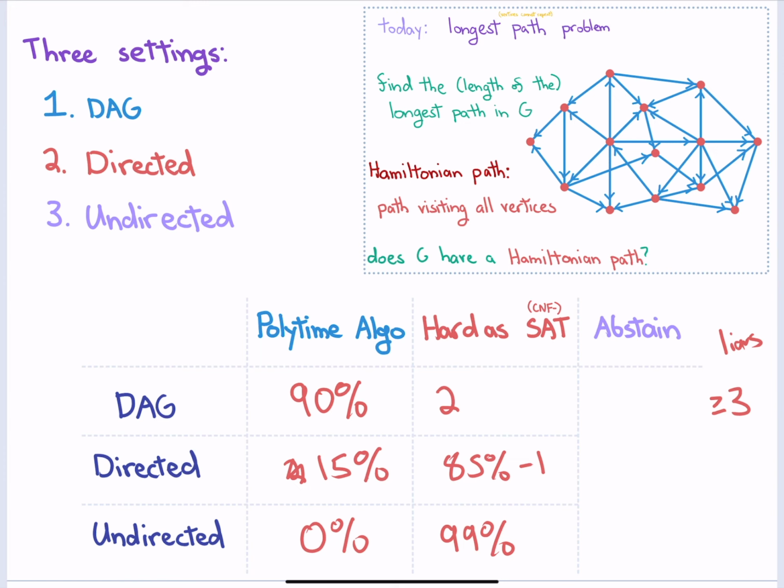Okay, so maybe you also voted for DAGs having a polynomial time algorithm, and we've seen that if you could do a DAG, then you can do a general graph for reachability problems. I think that's reasonable. Okay. And then, why did many of you think it was hard? It's just like max 2-SAT.